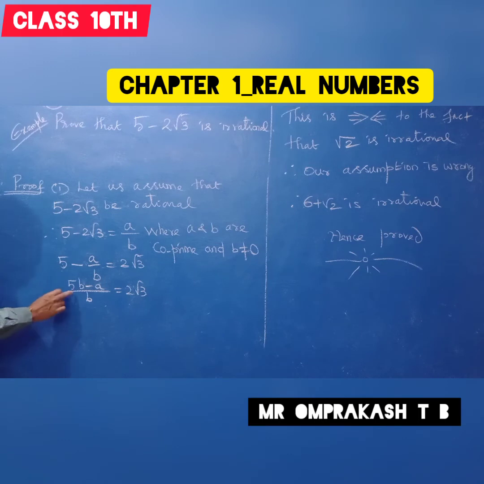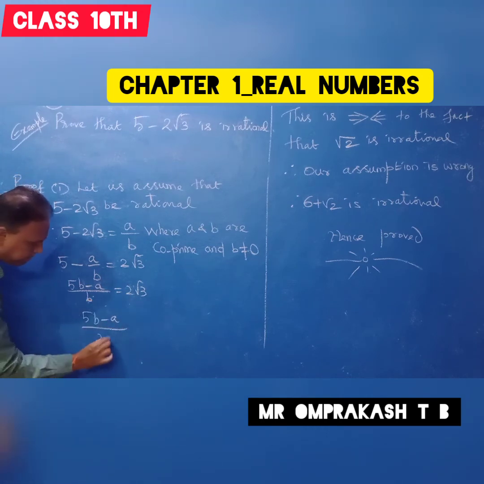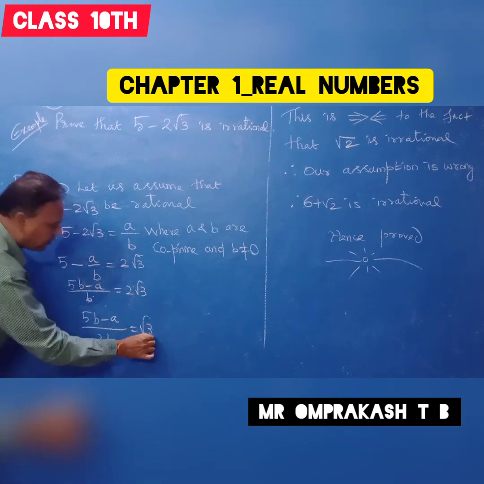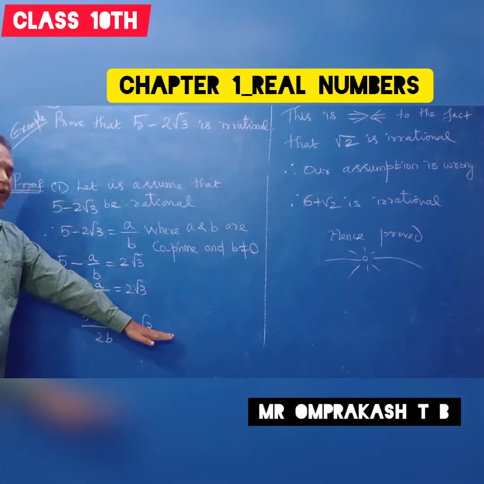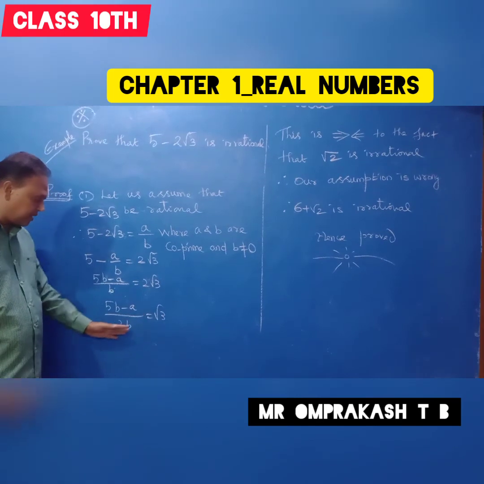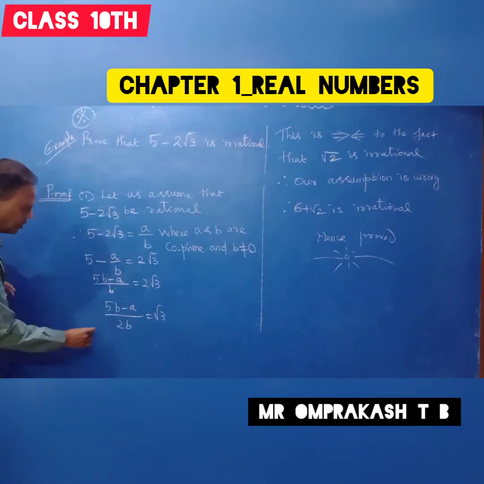Now this 2 you divide to this side. That means 5B minus A by 2B equals root 3. Now here what is happening? On the right hand side you have an irrational, but here on the left hand side you have a rational. Clear?